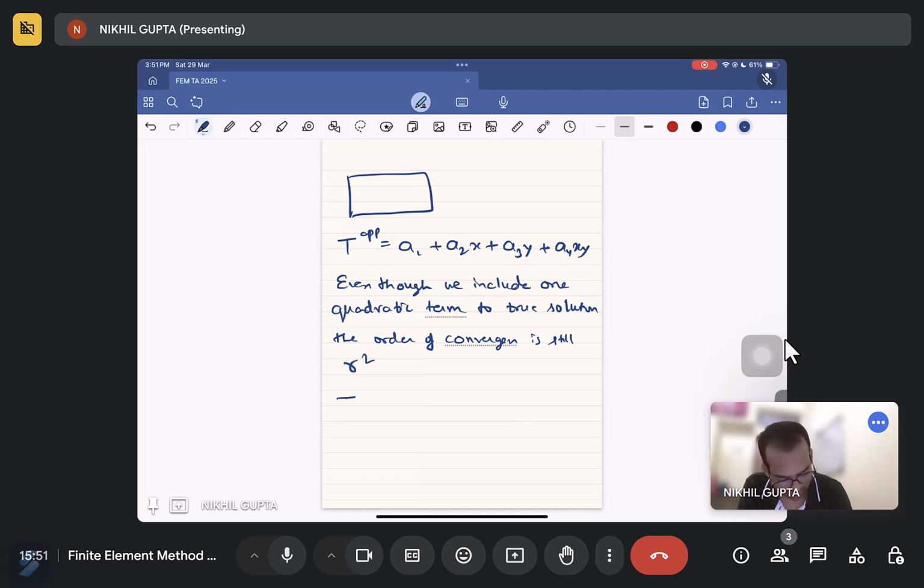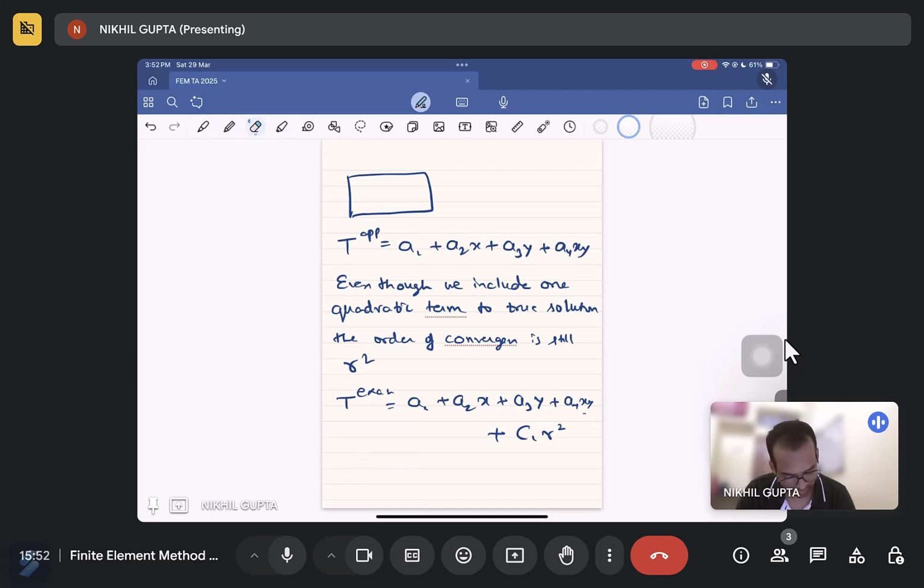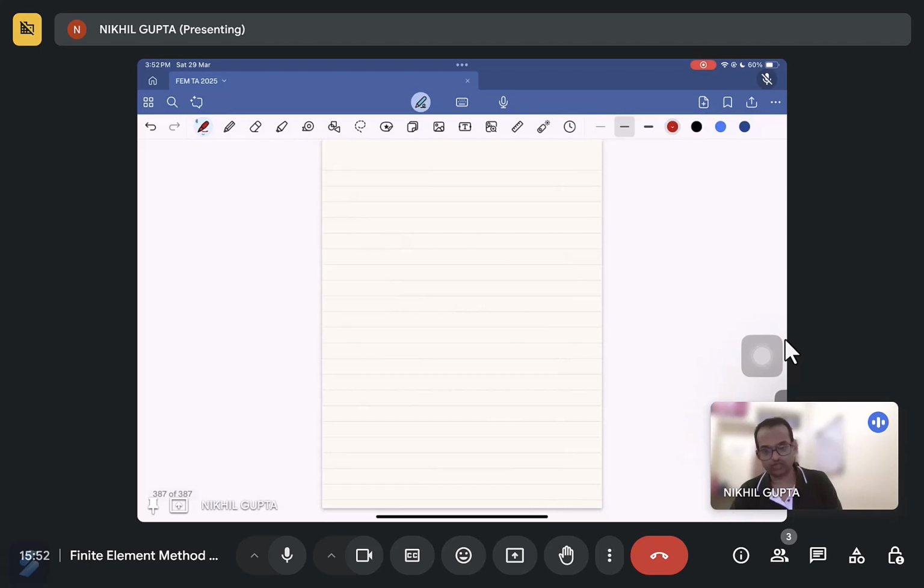Why is it so? T exact will be a1 plus a2x plus a3y plus a4xy. Still some of the x square, y square is remaining, so we still write it like this. So when you find the new error, you will still get a c1 r square. So it is still convergence of the order 2.